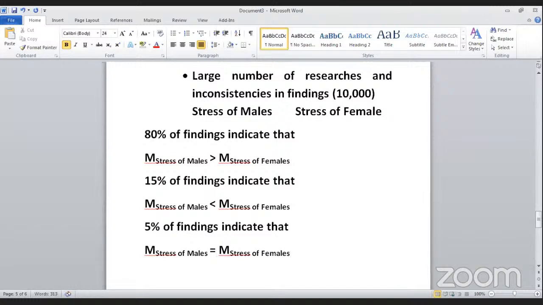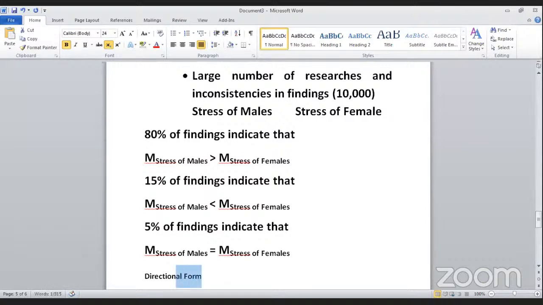If this is the situation, then can you decide which should be the form? I'm sure you will say it must be in the directional form.